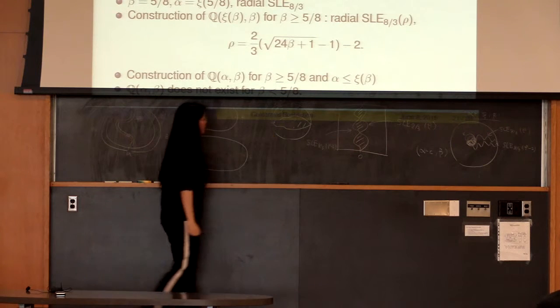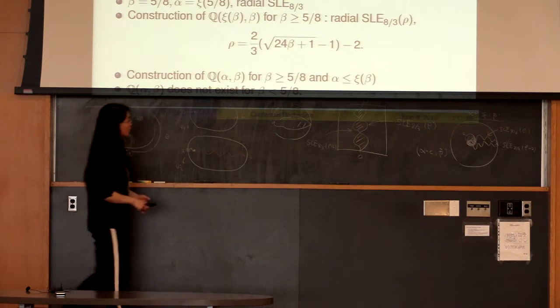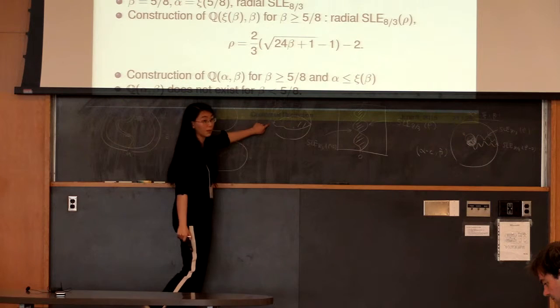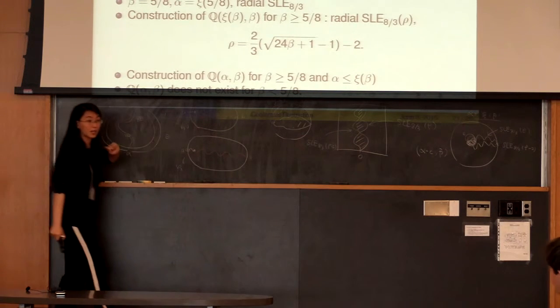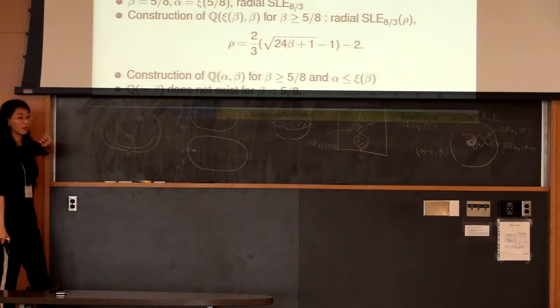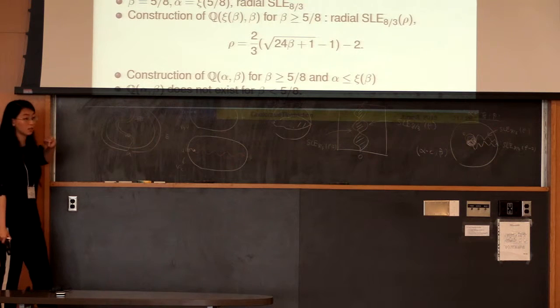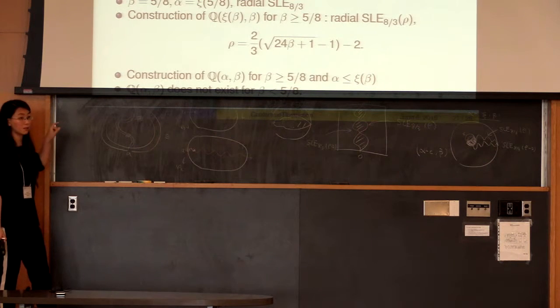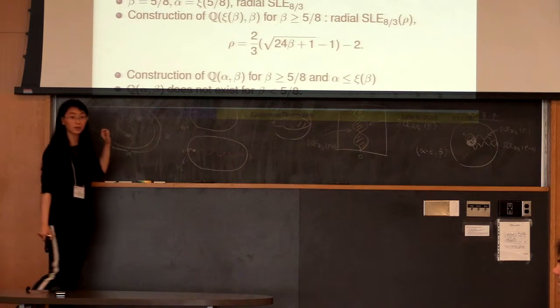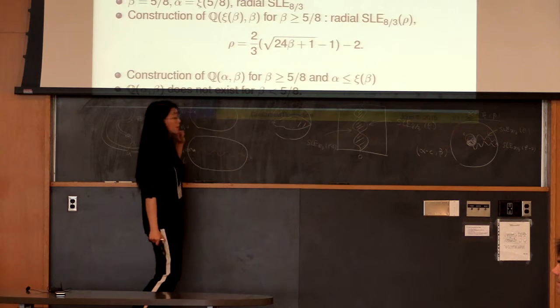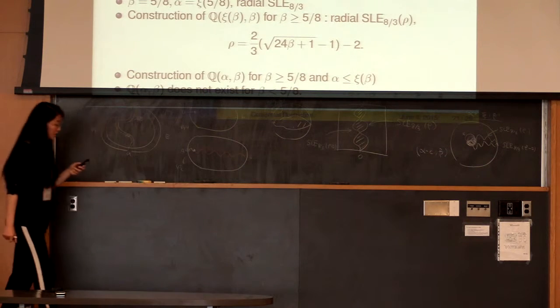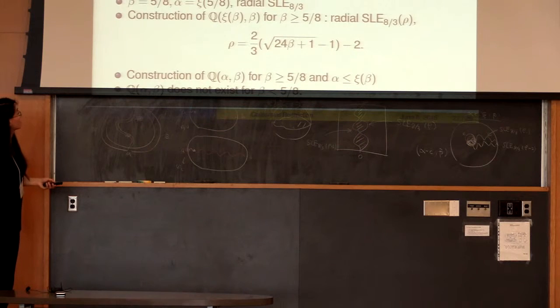And we push this interior point towards the boundary point, and the limit should be the same as a chordal restriction measure. And in the chordal case, we know that beta cannot be smaller than 5/8. So this implies that in the radial case, beta also can't be smaller than 5/8. So this is the idea of the proof for the existence part.